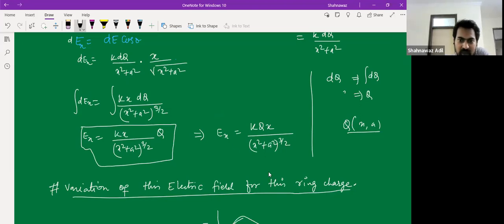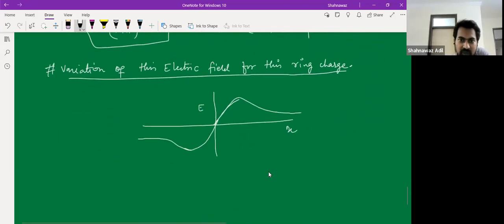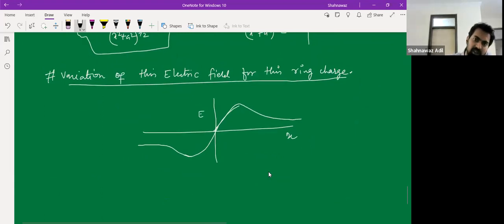Then we are plotting this variation of the electric field due to this ring charge. The electric field is proportional to X divided by (X square plus A square) to the power 3 by 2.